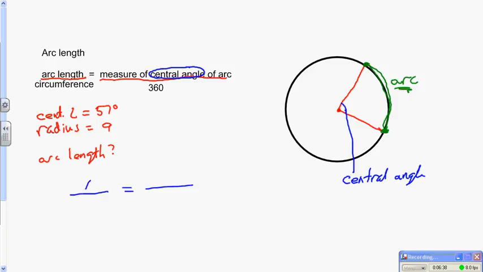The arc length we do not know. The circumference we can find out is equal to pi times diameter. Now if we have a radius equal to 9, the diameter will be twice as long, so 18. So if this was 9, and if I went all the way across, the diameter would be 18. So pi times 18.